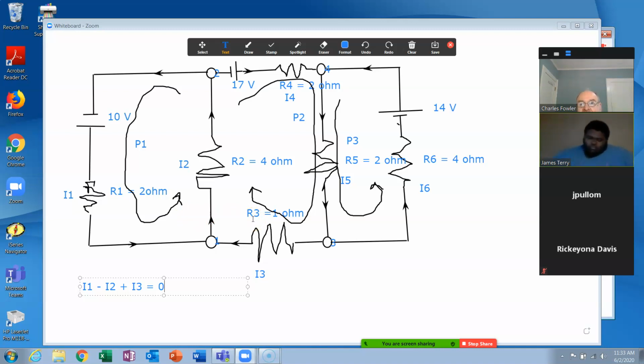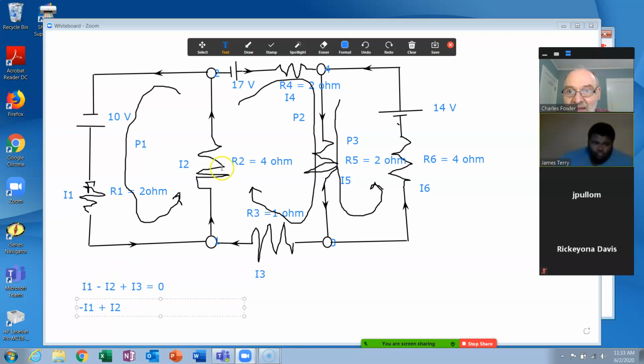Okay? Let's go to junction 2. I1 is leaving, so that's a minus I1. I2 is coming in, so that's a plus I2. Do you follow what we're doing here?